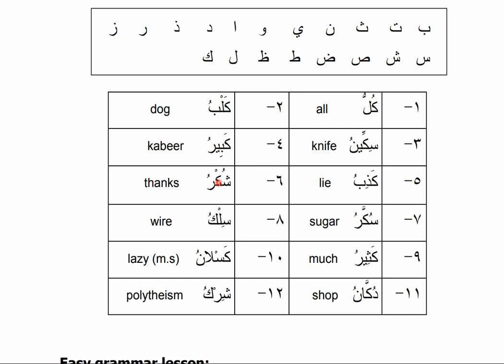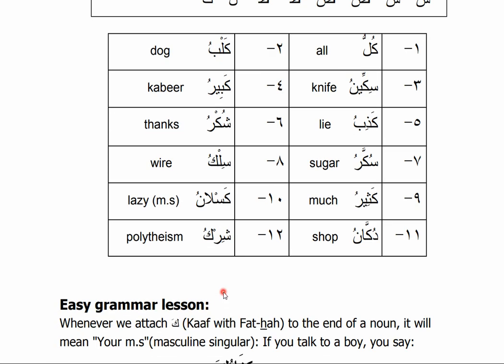Kaf coming in the middle, as you can see, connected from both the sides. Silk means wire. Kaslan, lazy, for male. And shirk means polytheism, believing in more gods. So let's check in this.